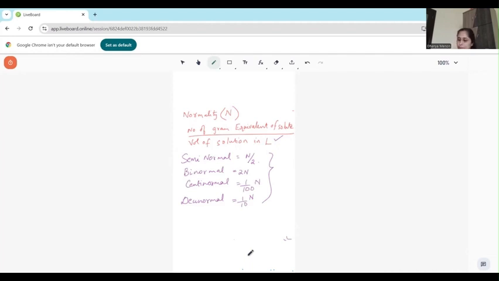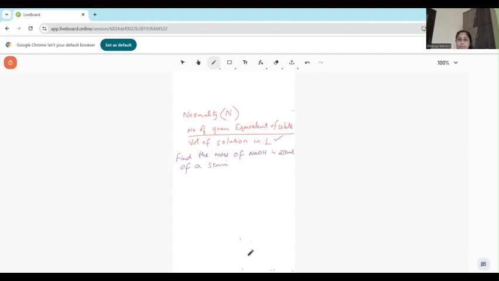I hope till now it's okay, right? Find the mass of NaOH in 250 ml of a semi-normal solution.